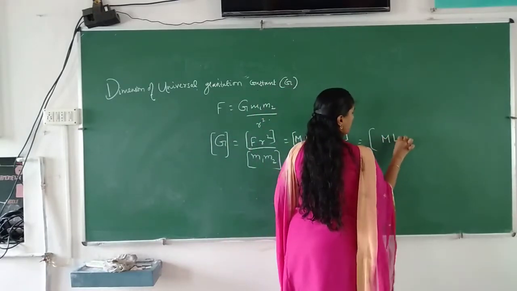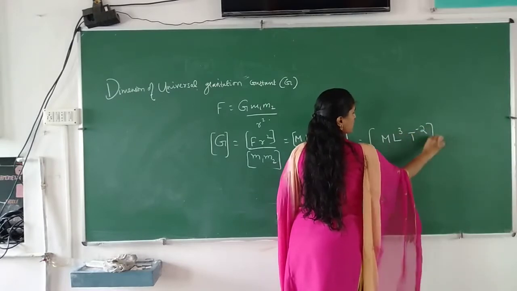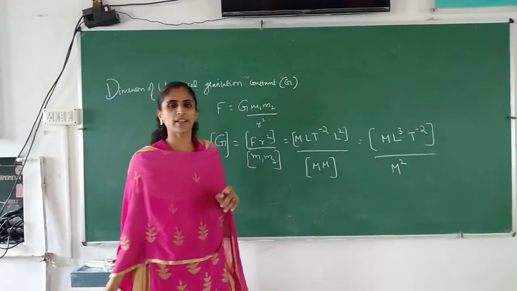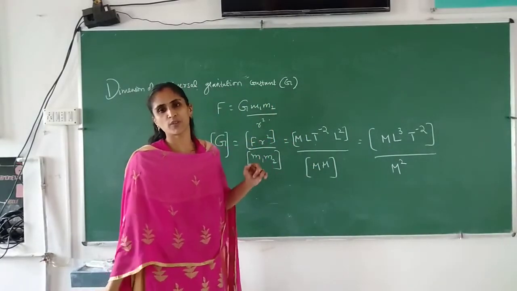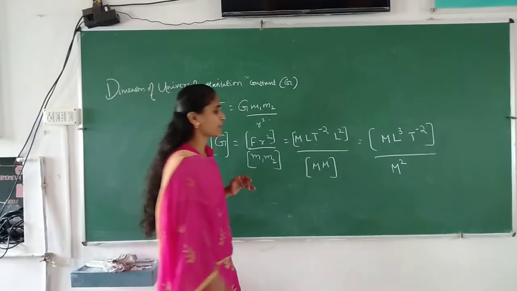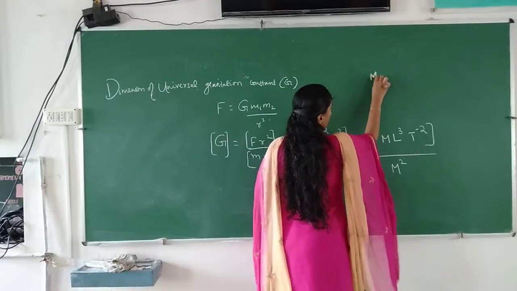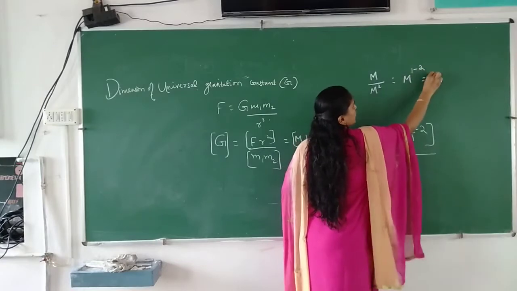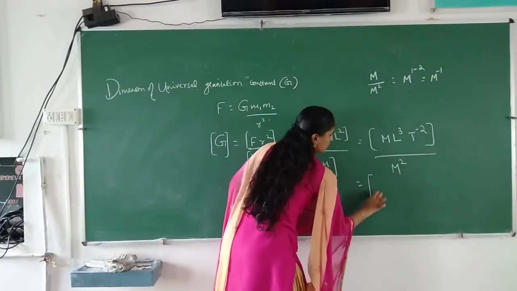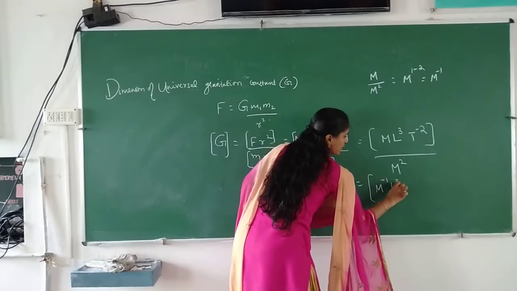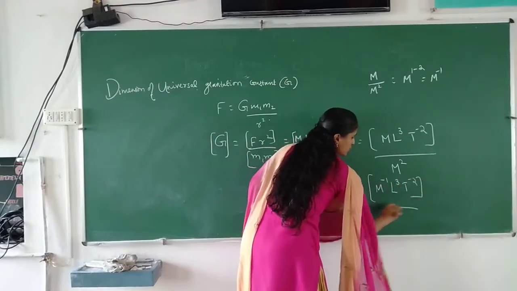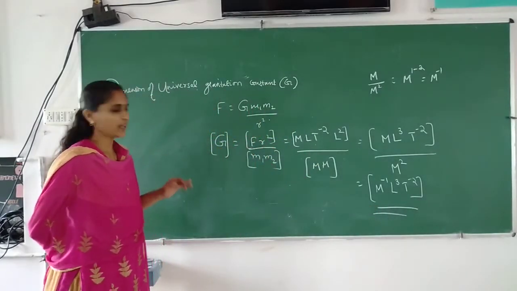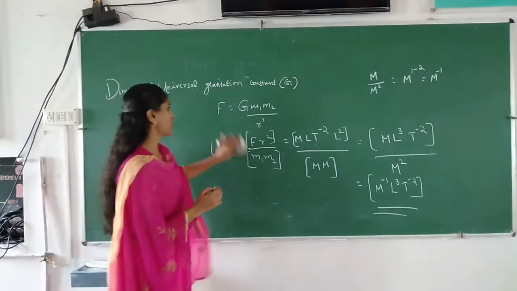So m L cube t raised to minus 2 divided by m square. M raised to 1 by m raised to 2 is m raised to 1 minus 2, which is m raised to minus 1. So you will get m raised to minus 1 L cube t raised to minus 2. That is the dimension of the universal gravitation constant. Okay, clear? So like this you can find the dimension.